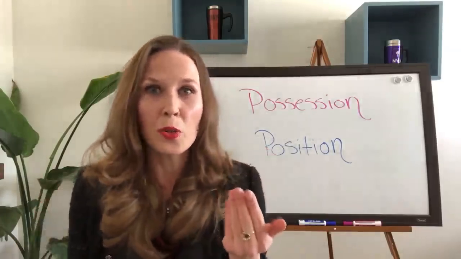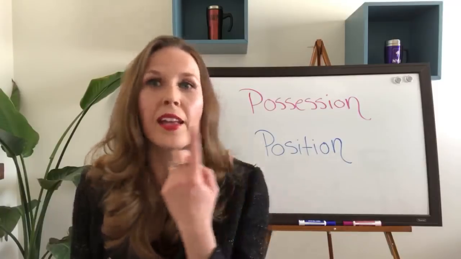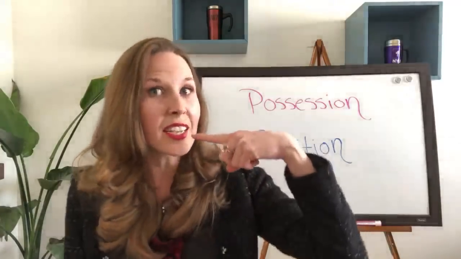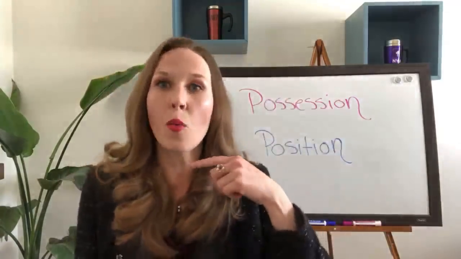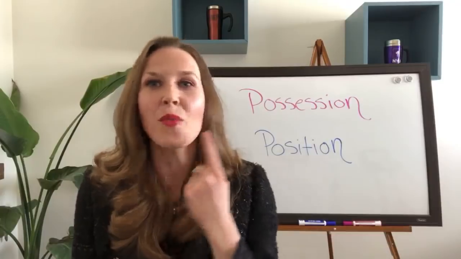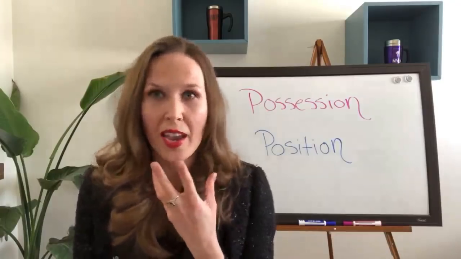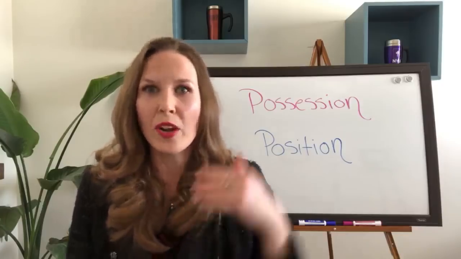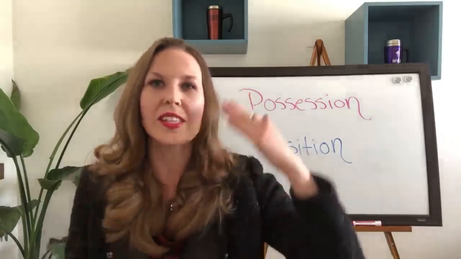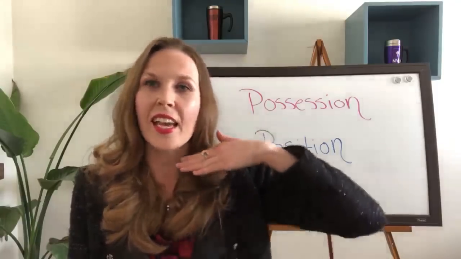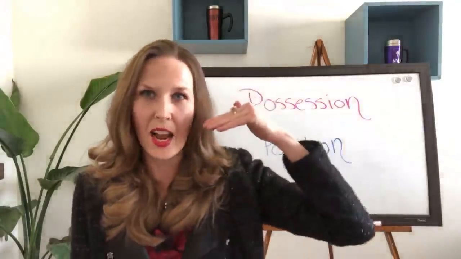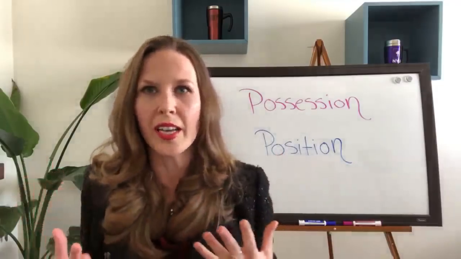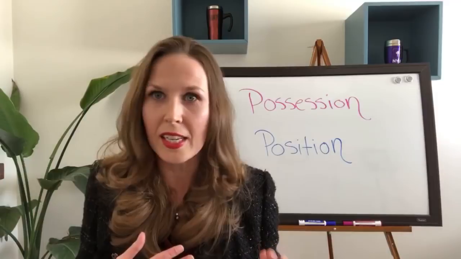And how you produce that sound really depends on your mouth position, including what your tongue is doing, and what your teeth are doing and what your lips are doing, okay? So you need to think of this whole area. And then we also have to think about where the sound is. Is it low in your throat? Is it up high? So there's a lot to consider when we're talking about producing the correct sound.